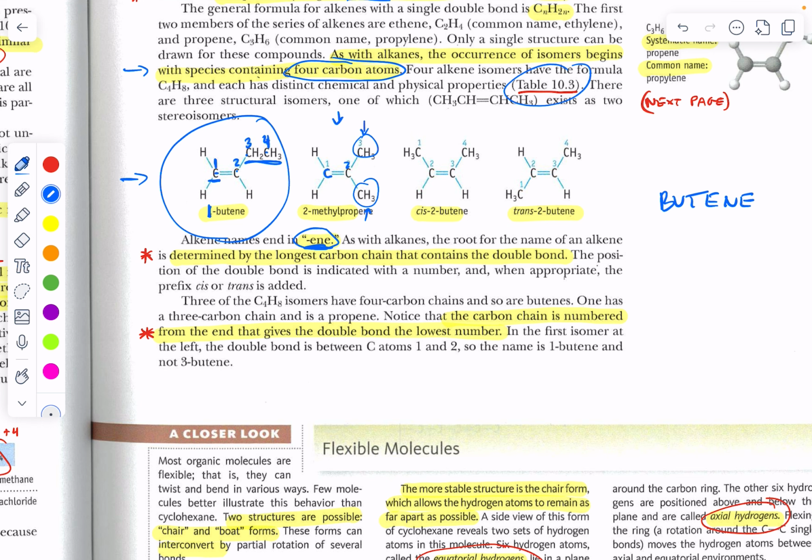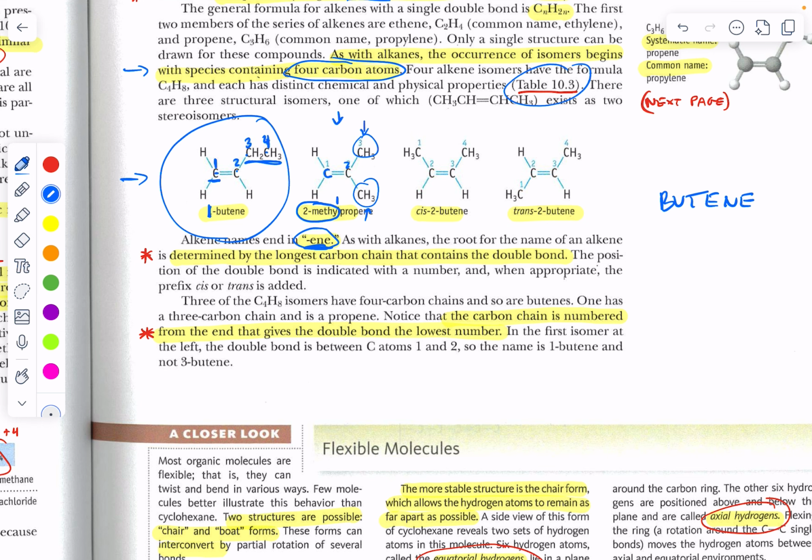So 2-methyl is the branch, the methyl attached to carbon number 2, propene. We could stick a 1 in there to be real specific, but it's actually the only place that a double bond could be, so it's called 2-methylpropene.